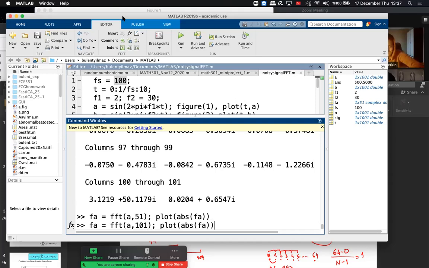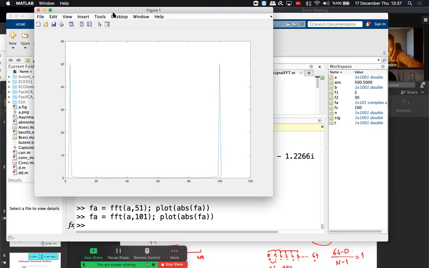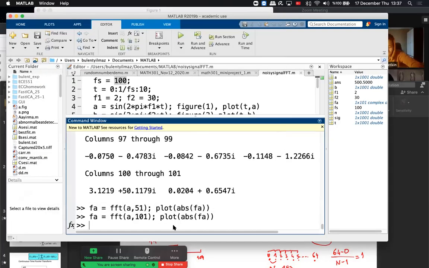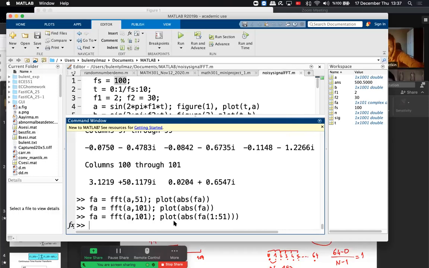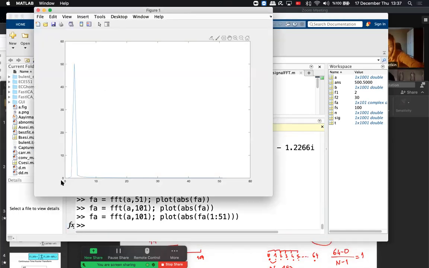Then if I plot this, I will see this graph. Now I will be interested in half of it, 1 to 51. This is 0, 1 is my DC, 51 is my Fs over 2.